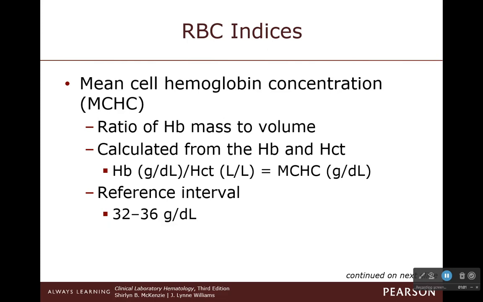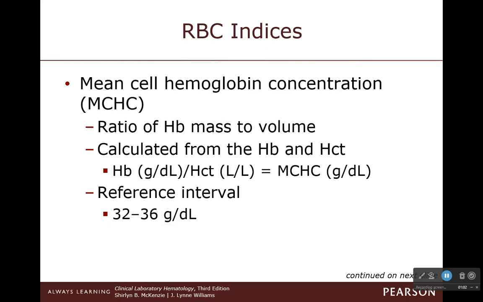Okay? So in other words, I have a huge wide area of central pallor. That lets me know that I don't have enough hemoglobin in the cell to fill up the cell volume. Does that make sense? So I'm going to have that bigger wide area of my cell. So I don't have enough hemoglobin to stain, essentially. So you get a little pink ring around it.